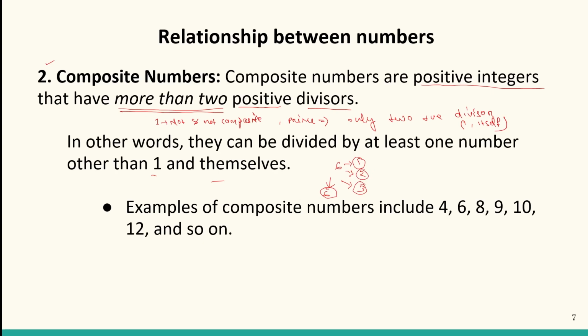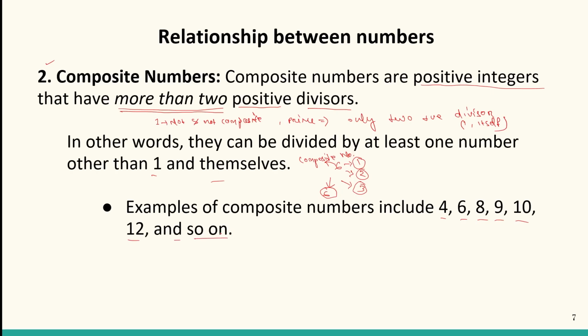Not only 1 and 6 but also these two divide 6. That is why 6 is a composite number. So the examples of composite numbers include 4, 6, 8, 9, 10, 12, and so on.